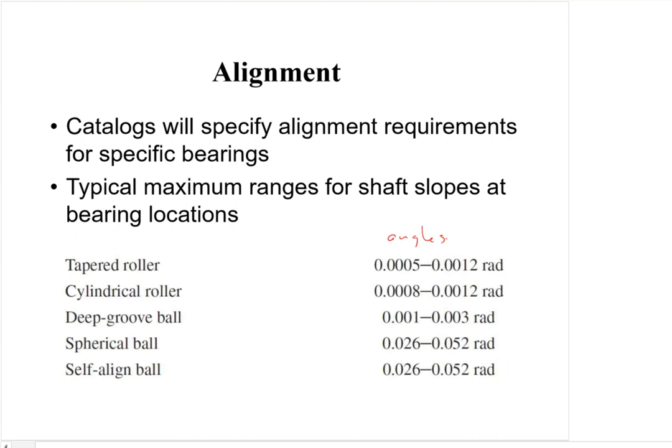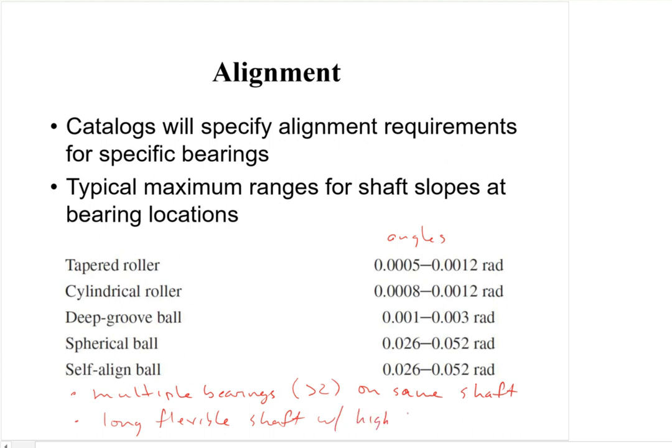Angular misalignment can be caused by either having multiple bearings, in other words more than two on the same shaft, or a long flexible shaft with high radial loads.